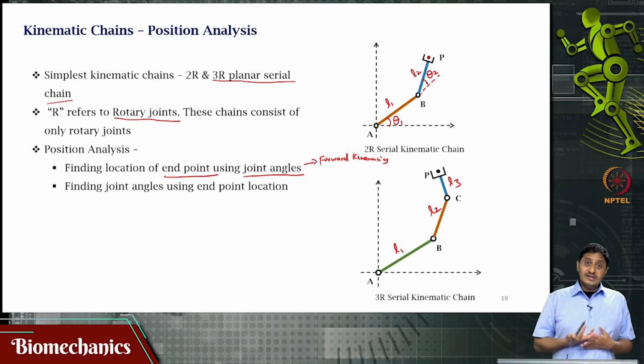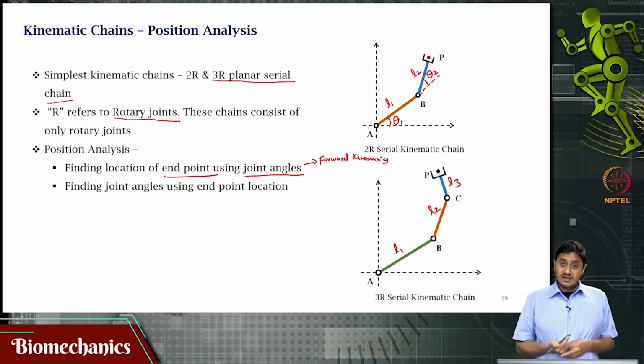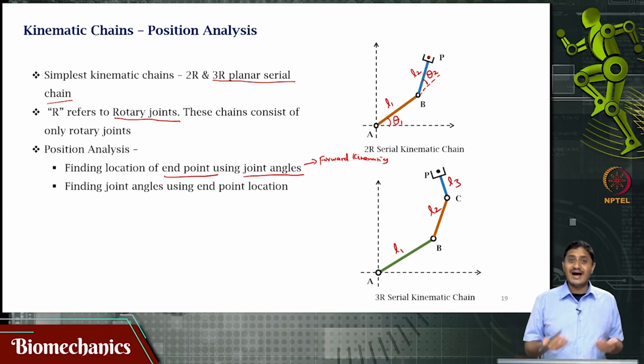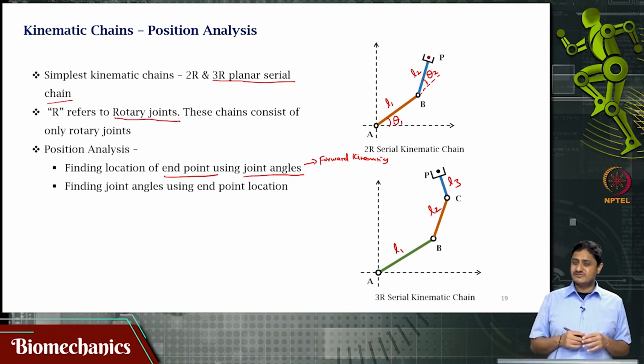Let us say I know the link lengths and I know the endpoint coordinate, where P is something that I know. I also know the link lengths L1 and L2. Can you tell me the joint angles theta 1 and theta 2 is the other question. This is for the simple case of the two link chain. When the number of links increase, this becomes complicated, as we will see in future videos.